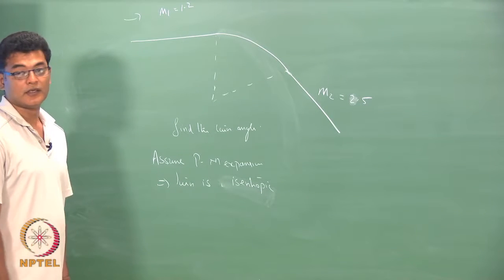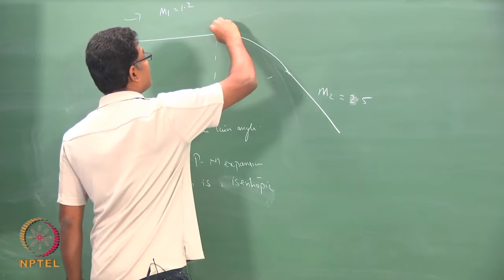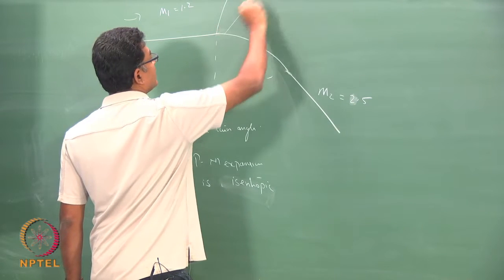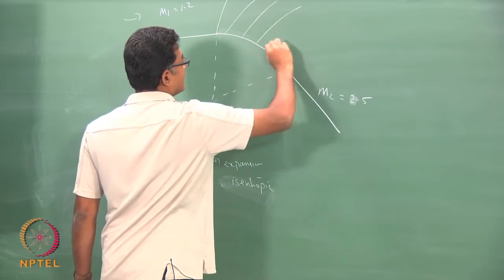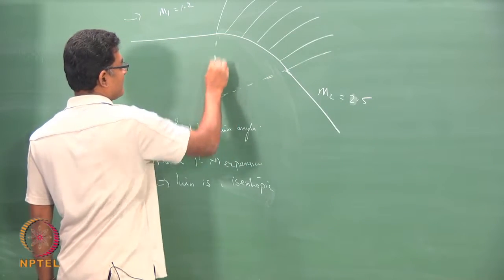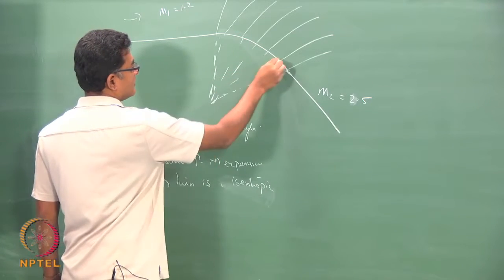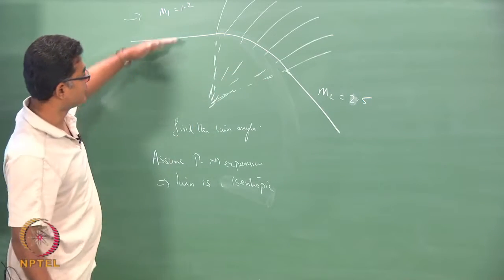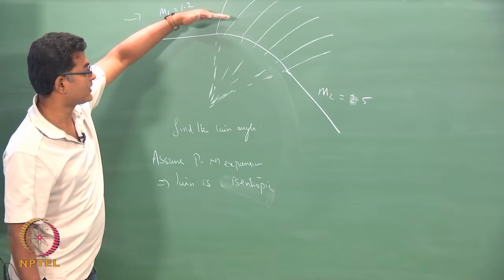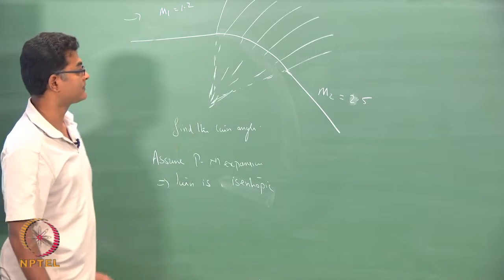So, there would be a Mach wave here, then another Mach wave here. So, there would be a series of Mach waves all emanating from an imaginary point somewhere here. So, you make a small turn at every location. The turn angle is very small at each of these Mach waves.